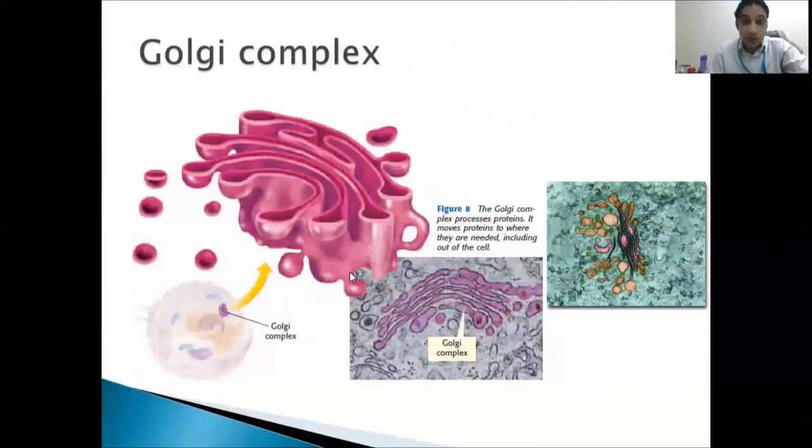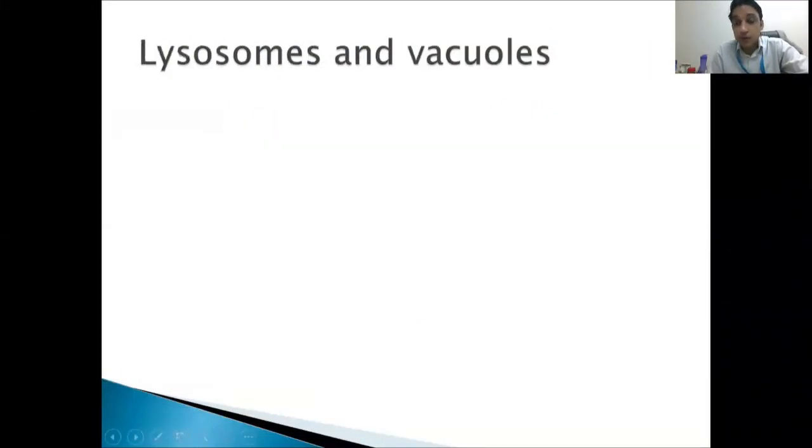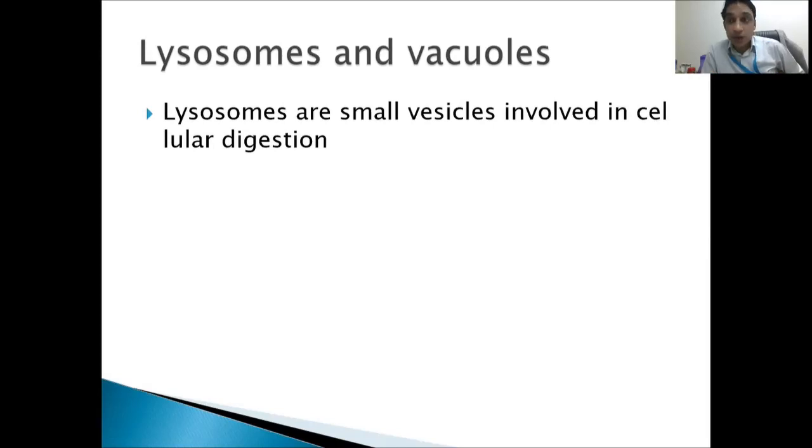From here on, let me start with the remaining component of the lecture, which I refer to as cell structure. The two things I want you to know about the cells are the lysosomes and the vacuoles. Vacuoles are a kind of vacant space within the cell.